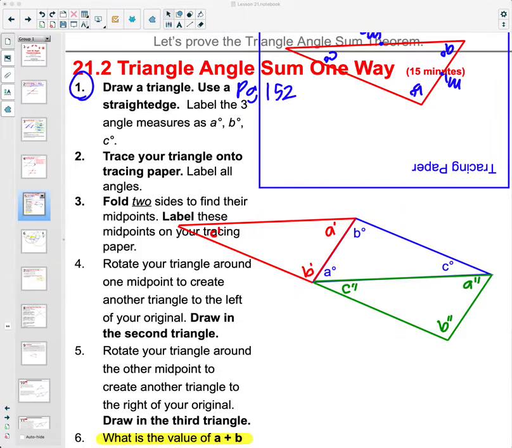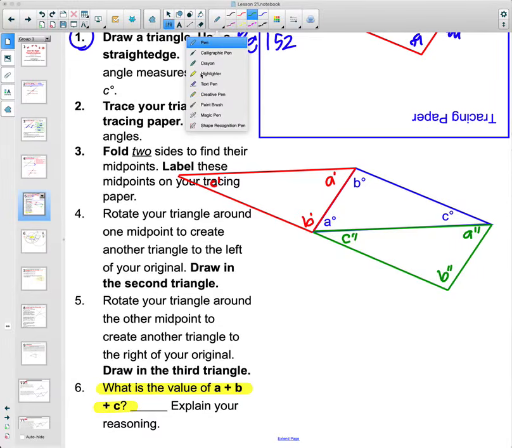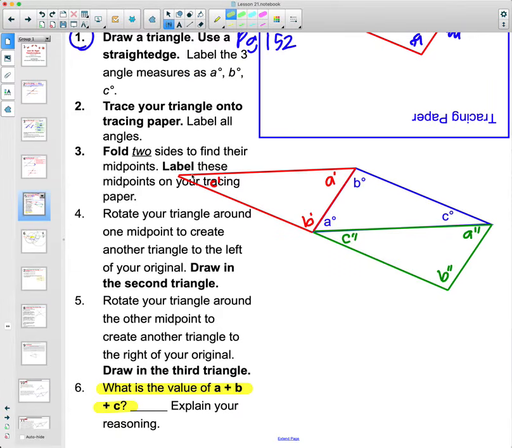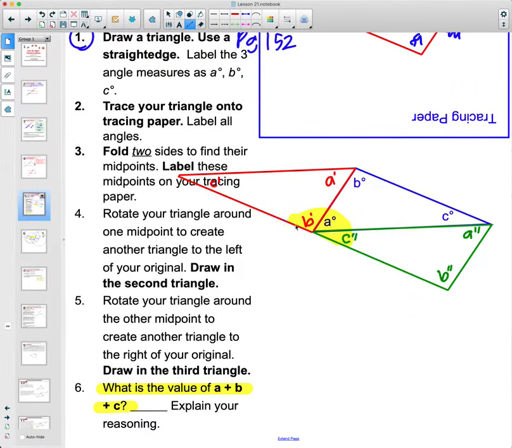Then the final thing is to determine what the value of A plus B plus C is. Look on your picture for somewhere that you see A, B, and C together. If you look right here, we can see A, B, and C making a straight line. They line up along this bottom edge of the triangle.